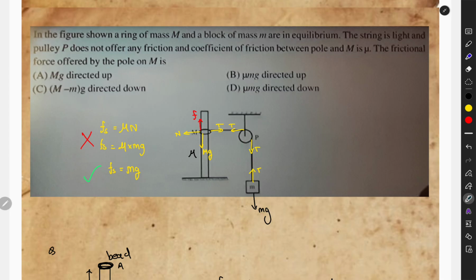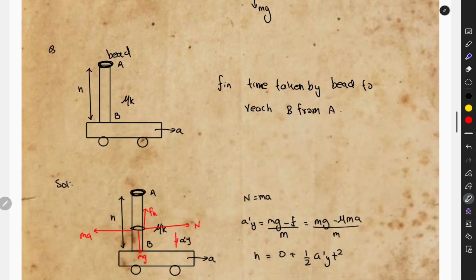So when it is at equilibrium, the force acting in this direction we know is frictional force, and here mg force is acting, which means in the same component only two forces exist, so they both should be equal. Rather than doing all this, fs is equal to mg will be the correct answer to this question.